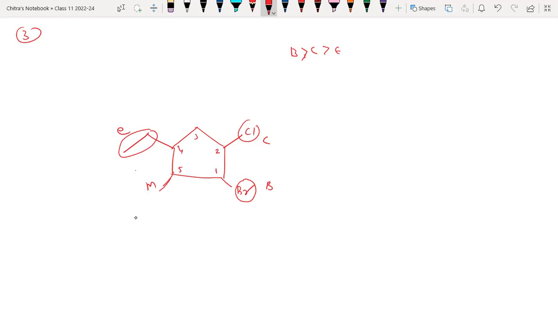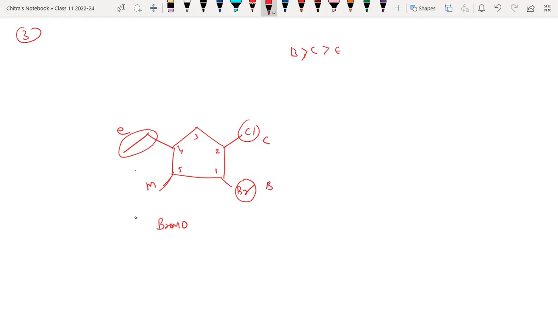So this is the way we have to number the carbon atoms first. Okay, now we have to write the names of the substituents in alphabetical order only. So B is on position 1, so just write bromo. Don't give 1 position or 1-bromo for the first position of anything.